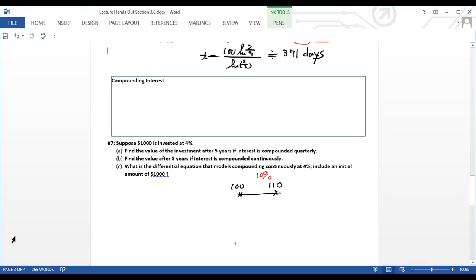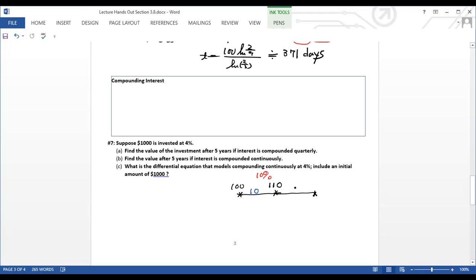So what do we mean by compounding? That means for the next year, instead of using the 100 as the base, I am going to use this new balance for the 10%. For the first year you make $10, but then you add the $10 to your principal, so you become 110.